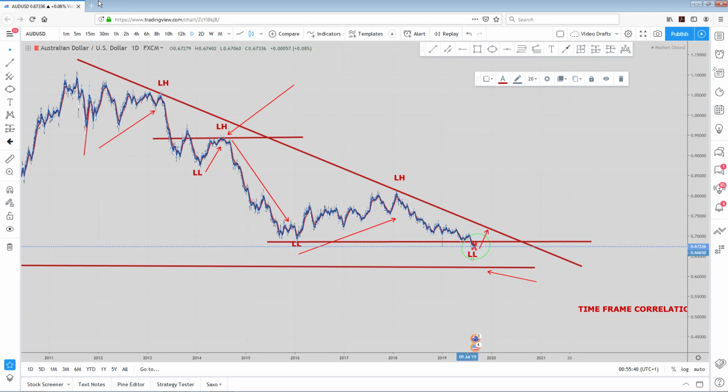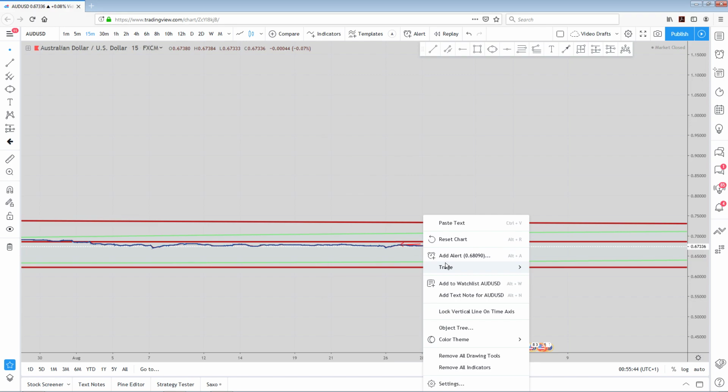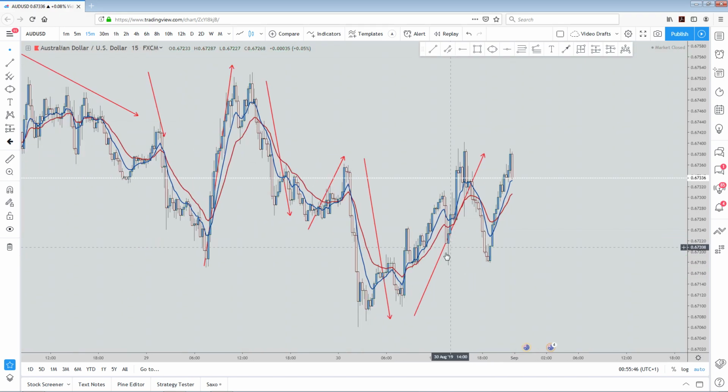And I'm just gonna go back to that 15-minute chart, reset. I just wanna erase all this nonsense. See how the randomness on the 15-minute chart was like a little speck on our higher time frame chart.